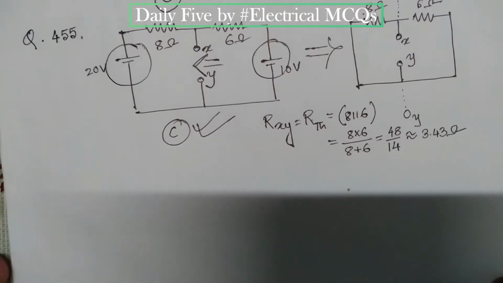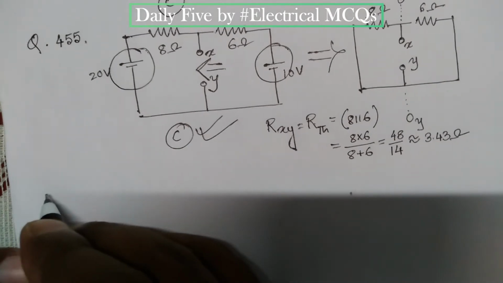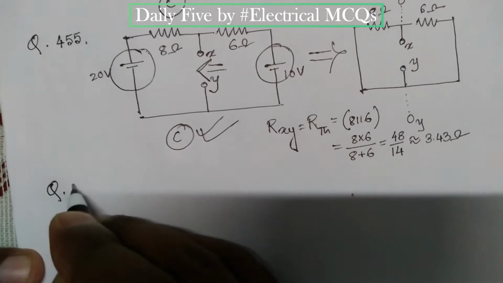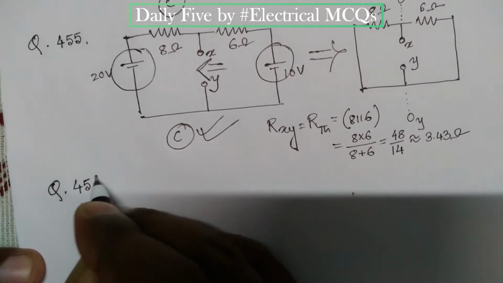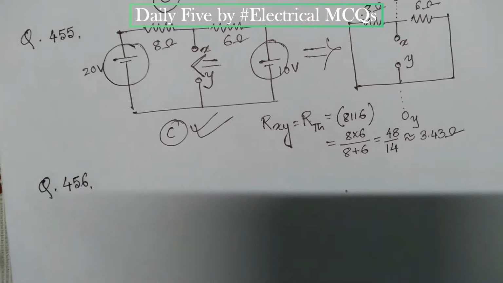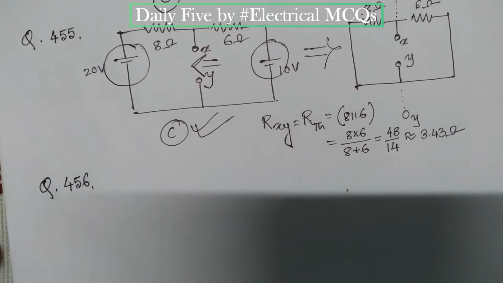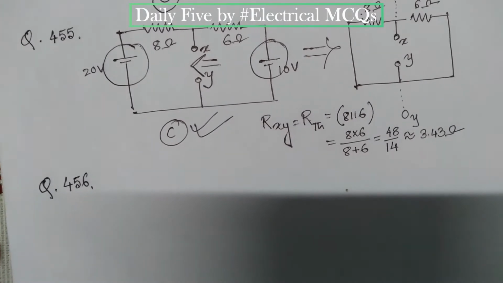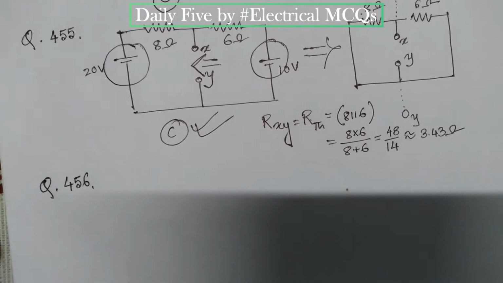Now let us start question number 456. So in question number 456, some parameters for an RLC circuit are given and you have to find out the resonant frequency.